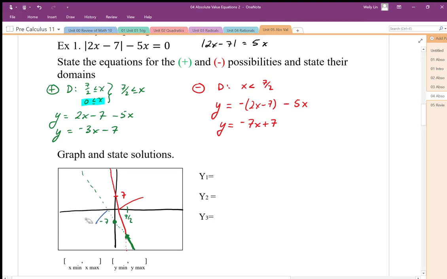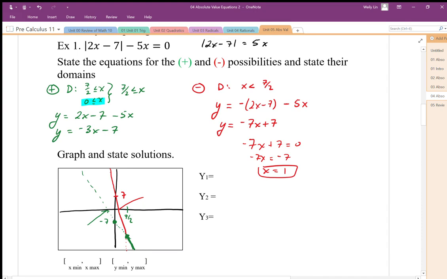If I solve the green part of this, I will end up with this extraneous solution over here. So I'm going to go ahead and solve these. When I solve this part, negative 7x plus 7 equals 0, so 7x is equal to 7, and x is equal to 1.